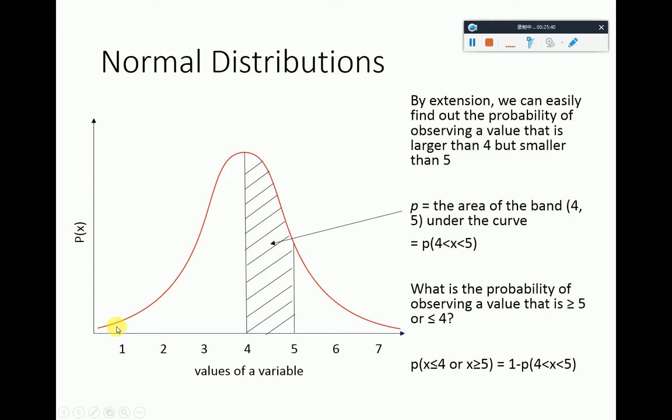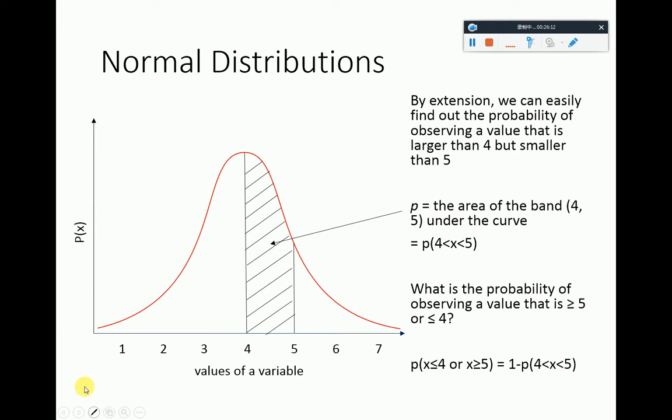So in other words, the total area under this curve is 1, and if we already know the area of the shaded part, then of course the area left under this curve outside the shaded part will be 1 minus the probability of observing any value that's larger than 4 and smaller than 5.